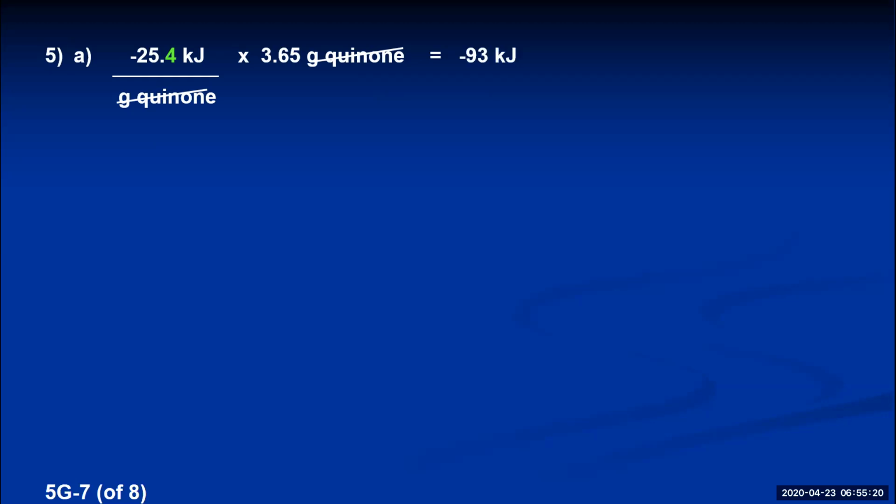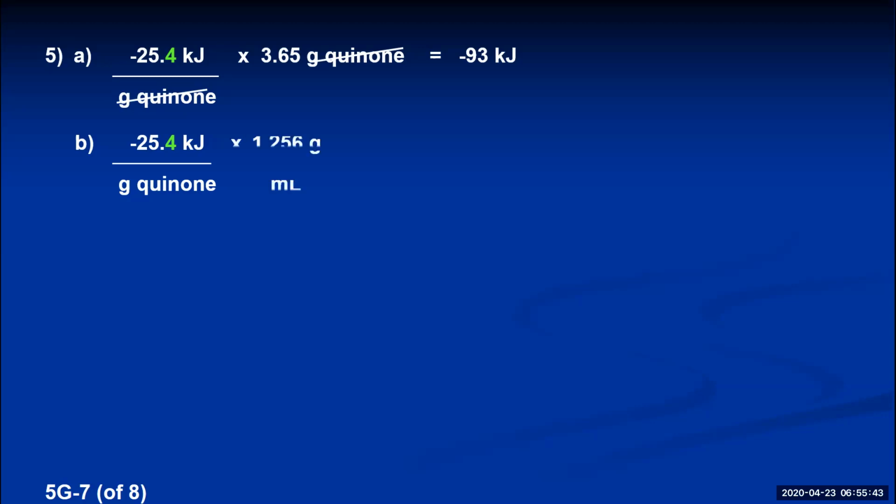In B, they're asking you how much heat is released if you burn 75.0 milliliters of quinone. So that's a volume. And if we know how much heat is released per gram, then we can actually convert this from kilojoules per gram into kilojoules per milliliter by using the density as a conversion factor. It's 1.256 grams per milliliter.